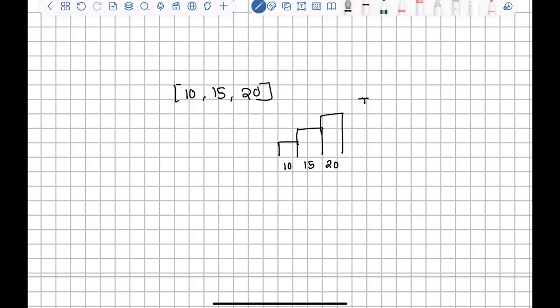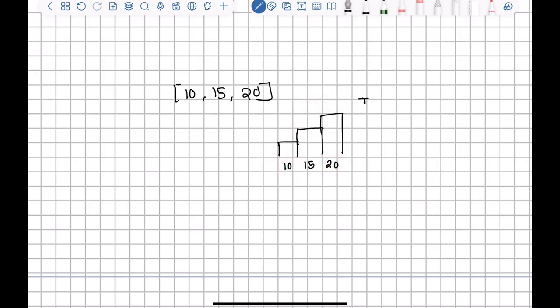I can either start from here or from here, and I can take either 2 steps or 1 step. To the naked eye, it is very clear that we can directly start from here, take 2 steps and reach the top. So our minimum cost would be 15, because if I take this step, go here, then go to the top, my cost would be 30, right?